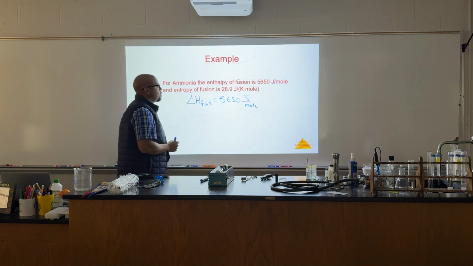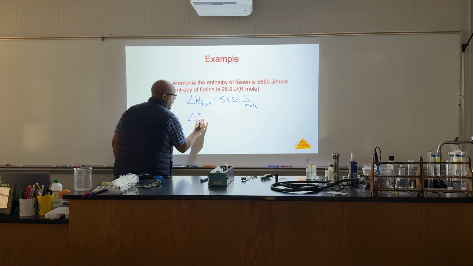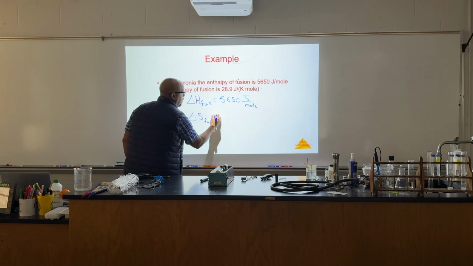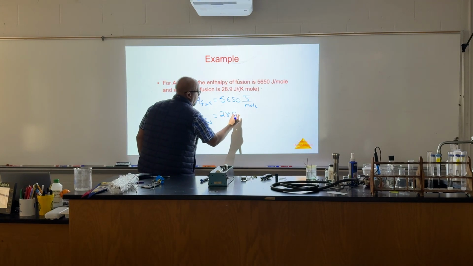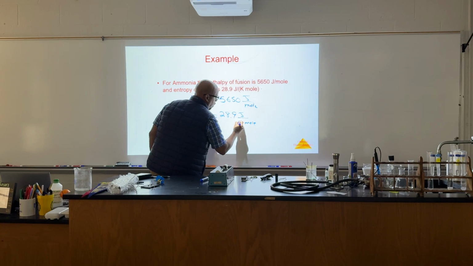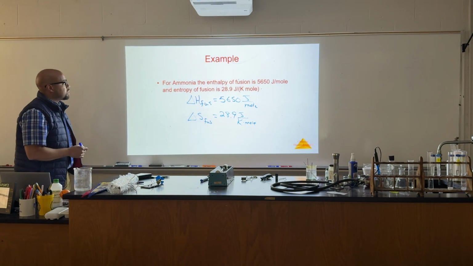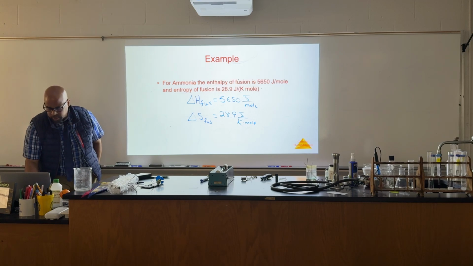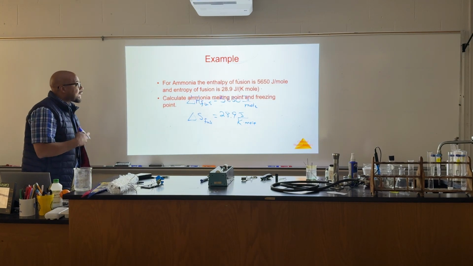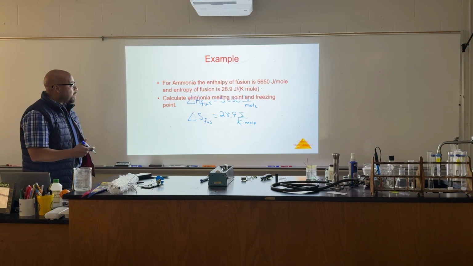It also says the entropy of fusion, delta S, is going to be 28.9 joules per Kelvin mole. So that's what I got here. And the question is: calculate the melting and freezing point of ammonia.